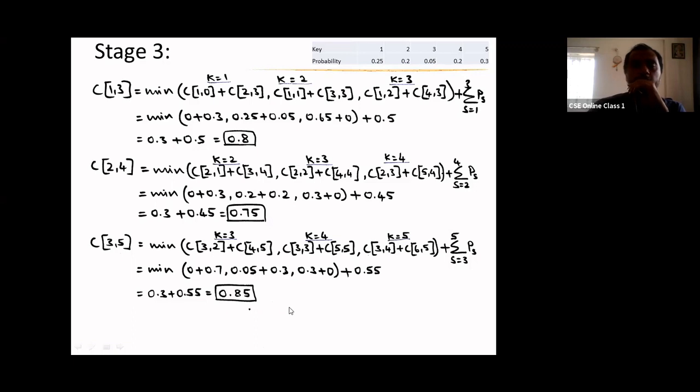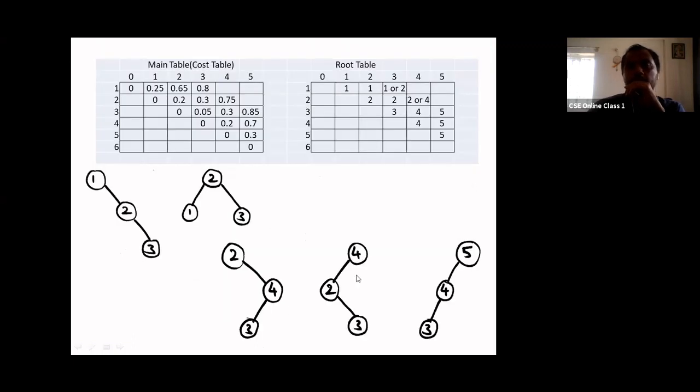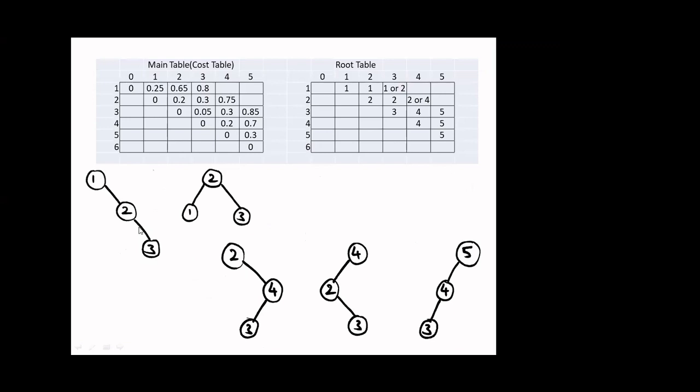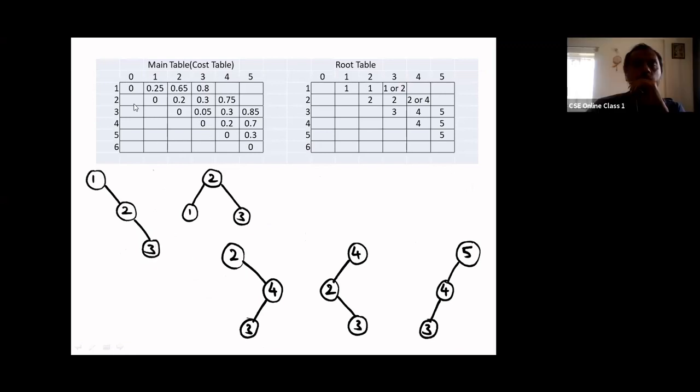So once we fill the table and construct the tree, you can see here that in 1, 3, we had an option of either 1 or 2. If we choose 1, then 2, 3 will be on the right hand side of 1. To choose among 2 to 3, we use this root table.